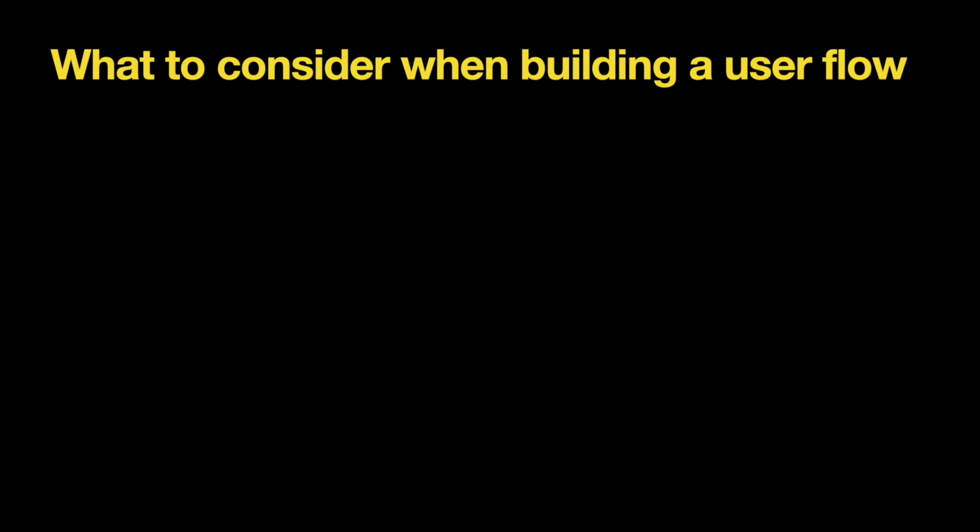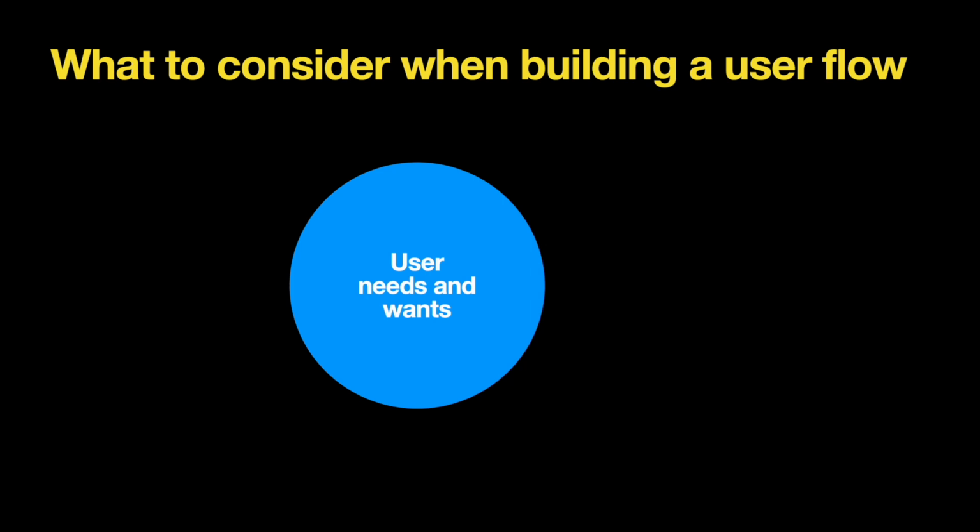What to consider when building a user flow? The user objectives and business objectives are 2 of the most important things that you need to consider when designing user flows. The process of creating a user flow starts with understanding the user needs and wants. You need to define who the user is, what the users try to accomplish using the product, and why.